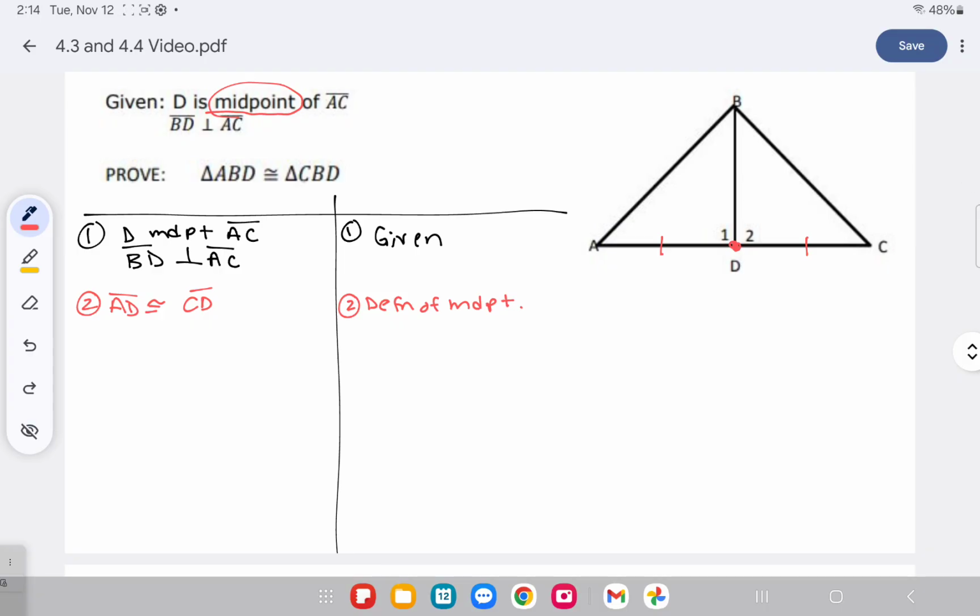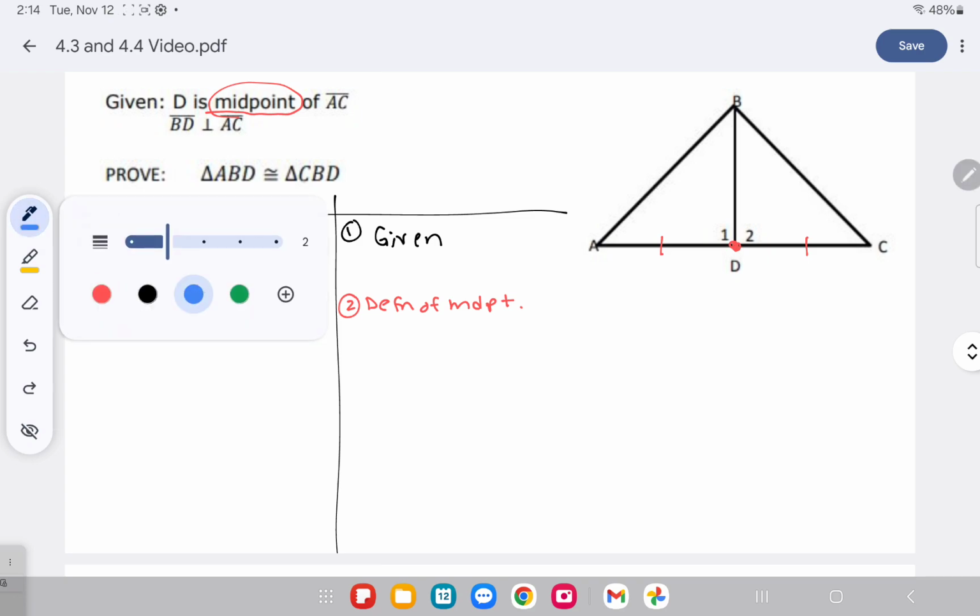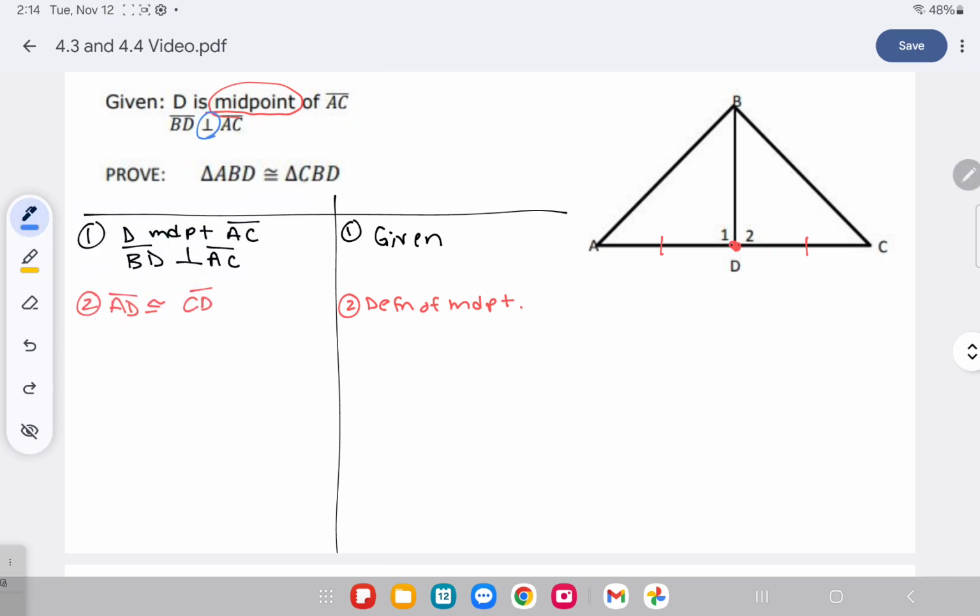Next given statement says that BD is perpendicular to AC. So I've got a vocab word, perpendicular. That means one of our reasons is going to be definition of perpendicular. What do we know about perpendicular lines? We know that they make right angles. So BD and AC make a right angle.